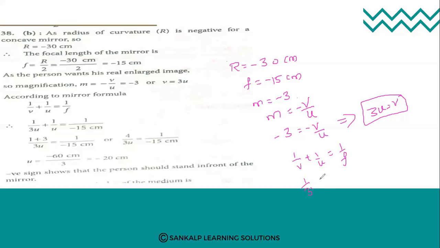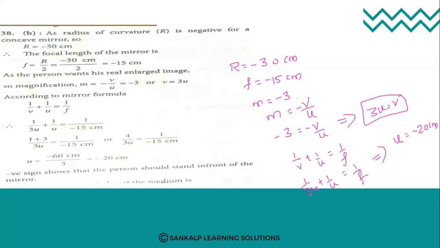So 1 upon 3U plus 1 upon U is equal to 1 upon F. So if you substitute the value of focal length and simplify here, the U value will be minus 20 centimeter. You can see the simplification there. So according to the answer, he should stand 20 centimeter in front of the mirror.